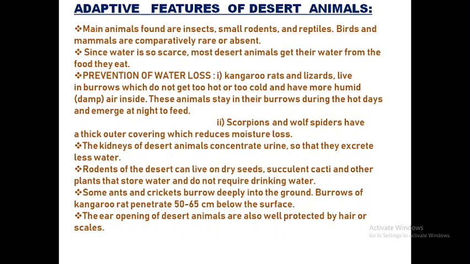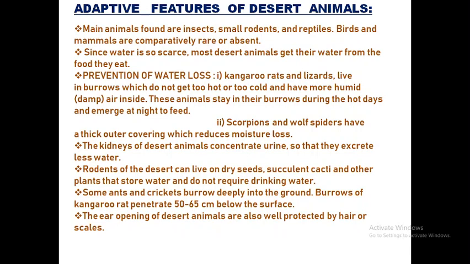In both cases, due to the excessive wind speed, there is a storm of sand most of the time, as a result of which there is a tendency of getting hurt by the sand. So the delicate parts of the body, the eyes and ears, are covered with long hairs so that they are protected.